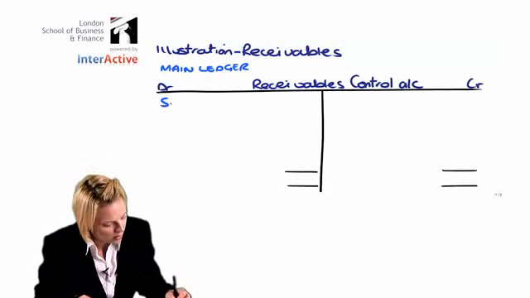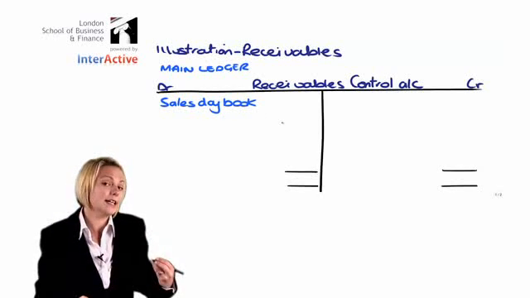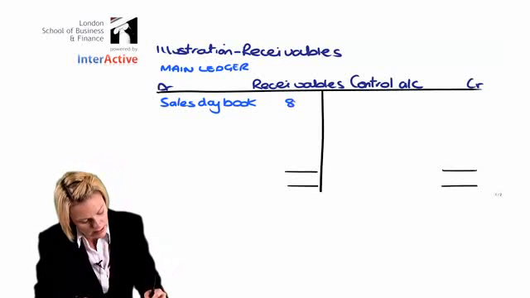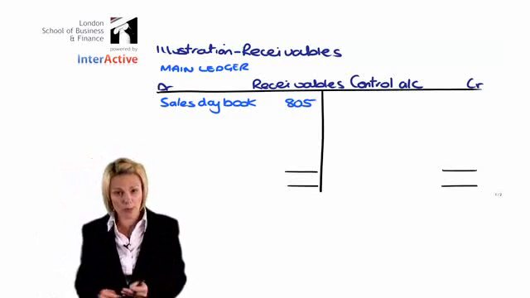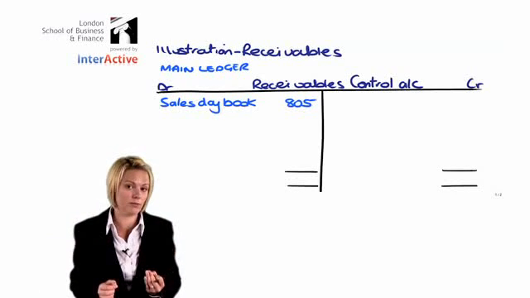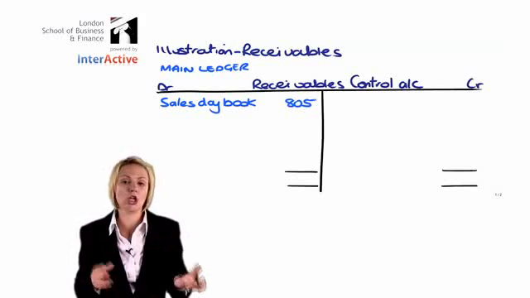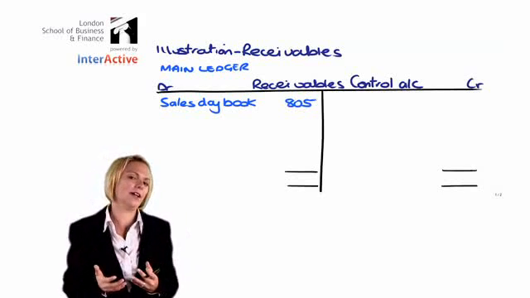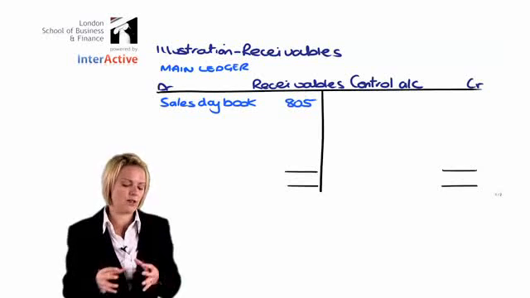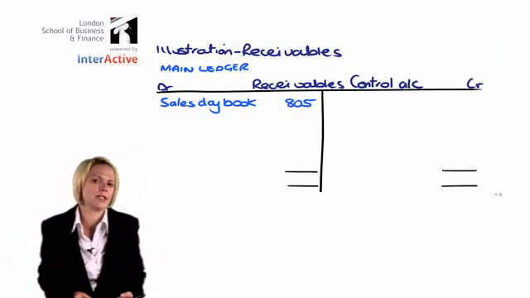So, from the sales day book, we said we were going to debit $805 to the receivables control account in the main ledger. And if you were to balance off this account now, you would show $805 under current assets in your statement of financial position, because that's where this ledger account is going to end up, trial balance, financial statements.